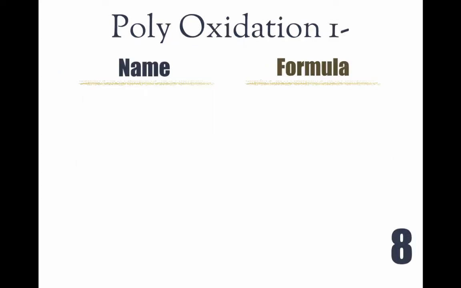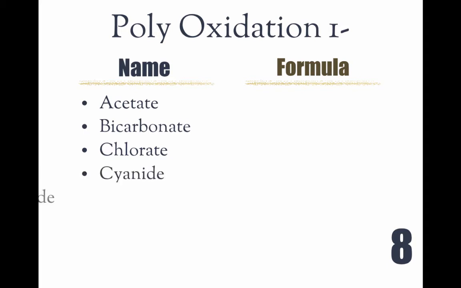On your fill in the blank sheet, the top box is for polyatomics that have an oxidation of 1 negative. They are acetate, bicarbonate, chlorate, cyanide, hydroxide, nitrate, nitrite. Those are the polyatomics that will have an oxidation of 1 negative.